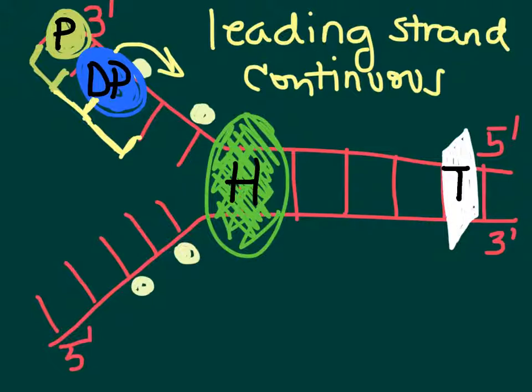This bottom side is not quite so simple. DNA polymerase can't attach here and read that way, right? It's not allowed to read in that direction. So what primase is going to do, primase attaches here on the 3' side of this open strand. So here's our friend primase. It attaches our RNA primer.